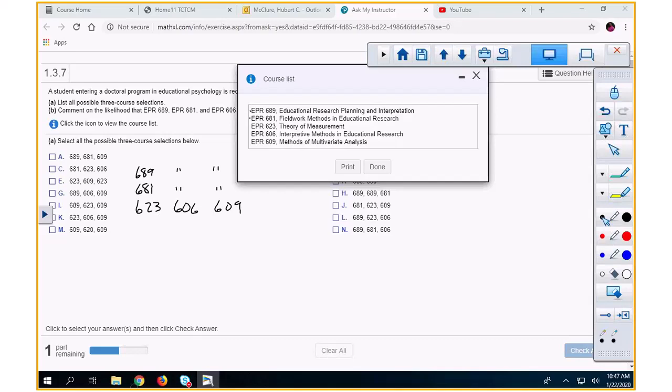And now I'm going to do 689, and I'm going to do this one. I'm going to put a line beside that one. So I'm going to do these 2, and then I'll do the other 3. So 689, 623, and 681.